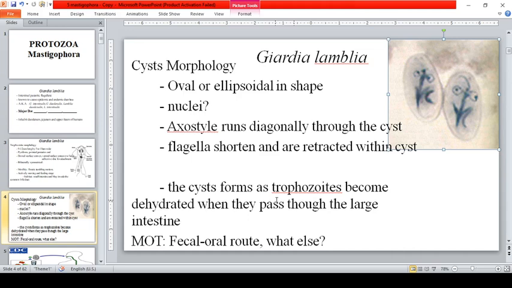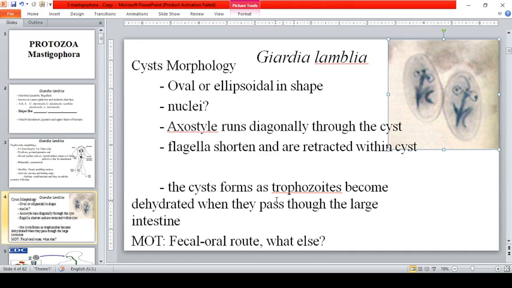So, if they can sense that there is dehydration or low level of water, particularly in the large intestine, di ba, kung form yung stool mo, they will encyst. Magiging cyst sila from trophozoite, okay?